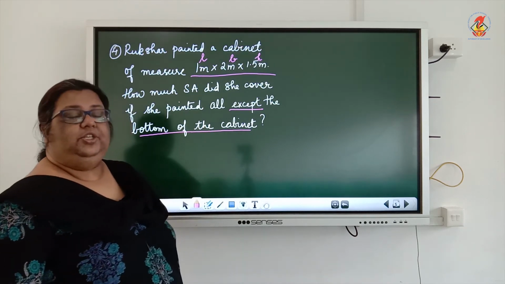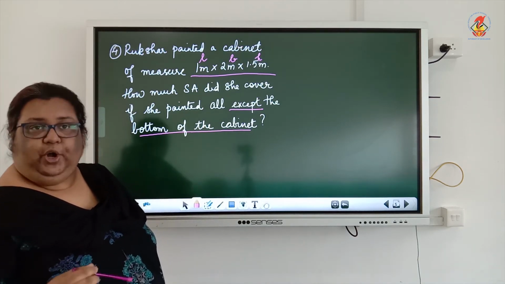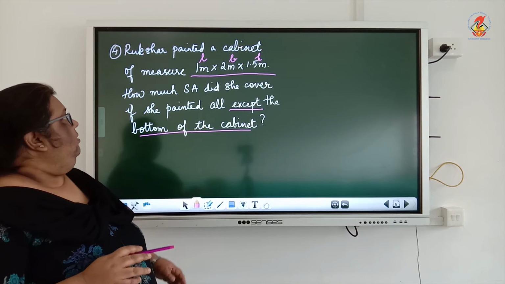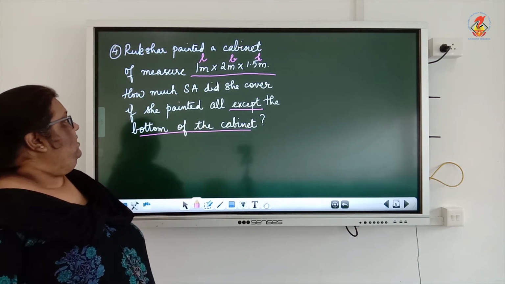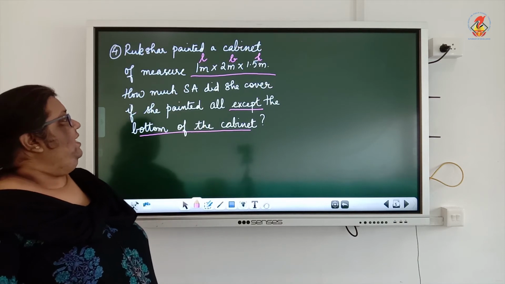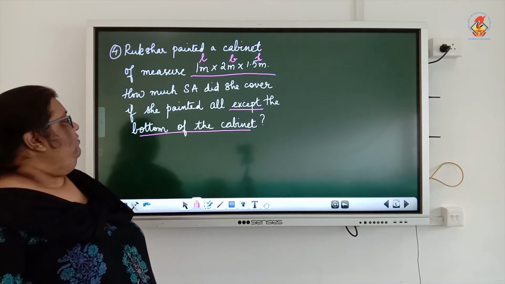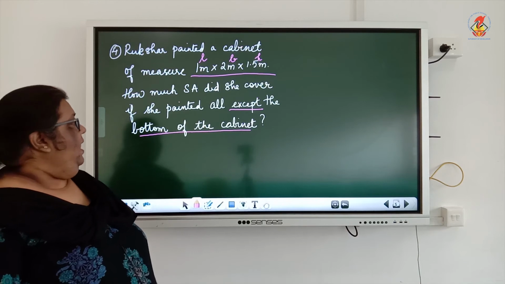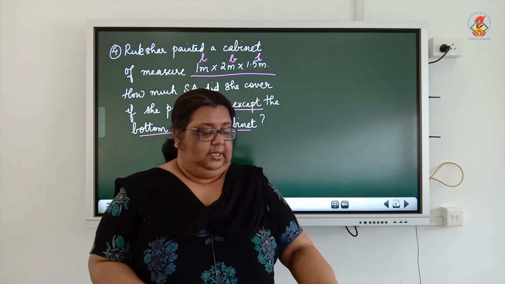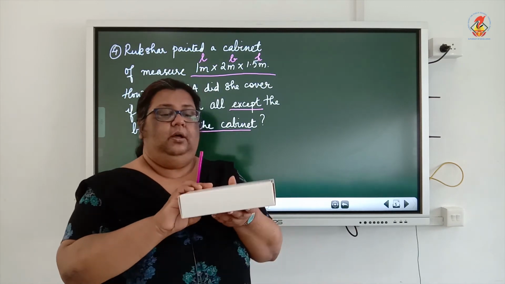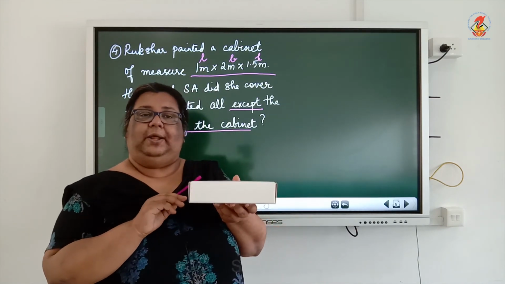L, B and H comes for which shape? For a cuboidal shape. Now Ruksar painted a cuboidal cabinet. Now the question is, how much surface area did she cover if she painted all except the bottom of the cabinet? So suppose this is a cuboidal cabinet that Ruksar painted.